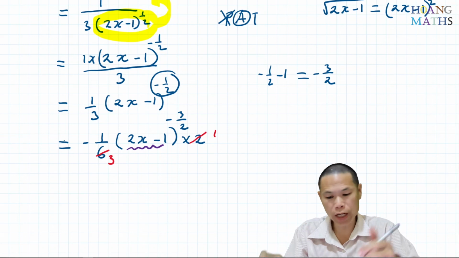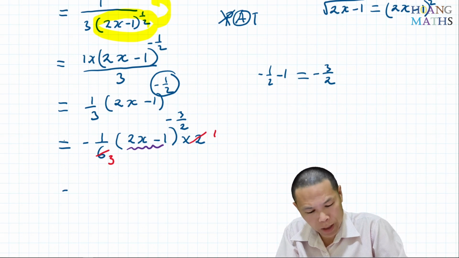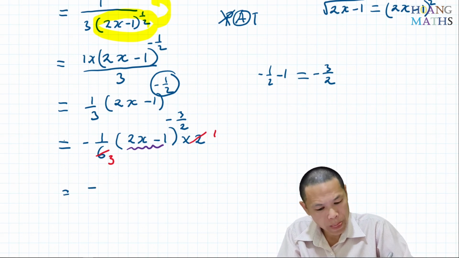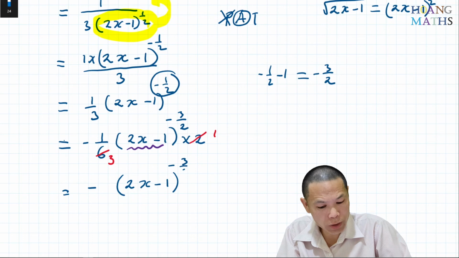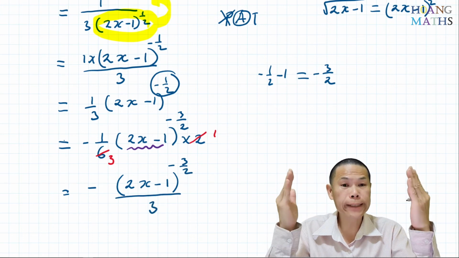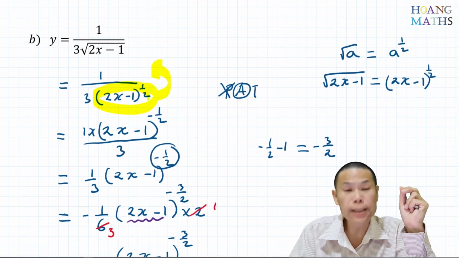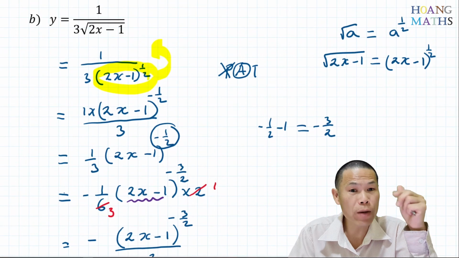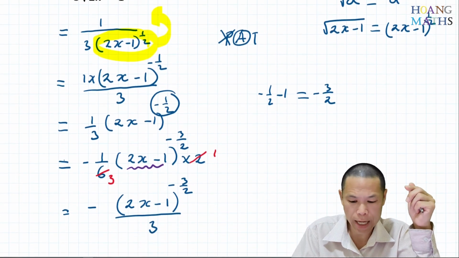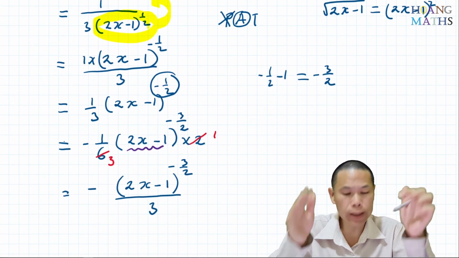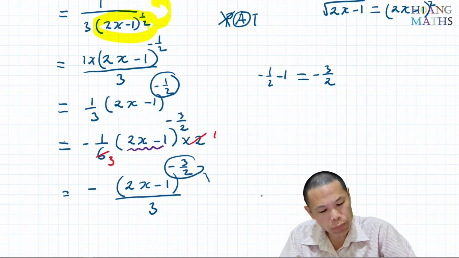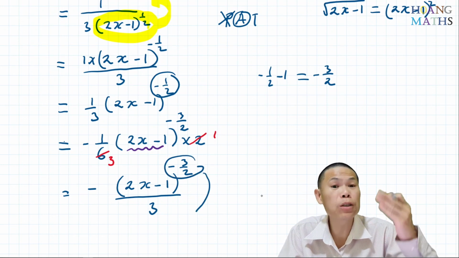Let me tidy up first. I just write this out first: negative 1 times 2x minus 1 to the power of negative 3 over 2, all over 3. And this is it. But don't forget, because the question is given in surd form, we have to convert back to surd form. To do this, we bring the negative power down so that it becomes positive.